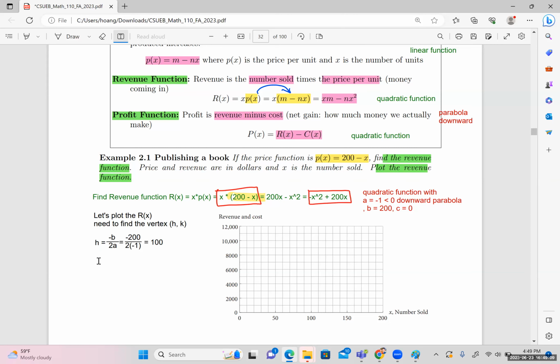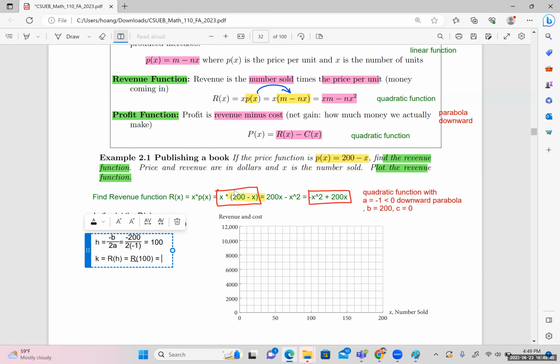So what is k going to be? k is equal to the revenue with h as input, so revenue of 100. You can substitute into either this form or this form.